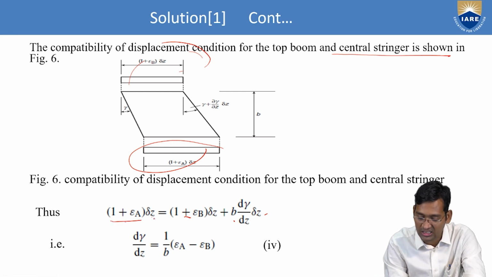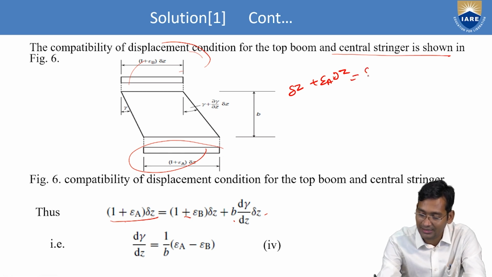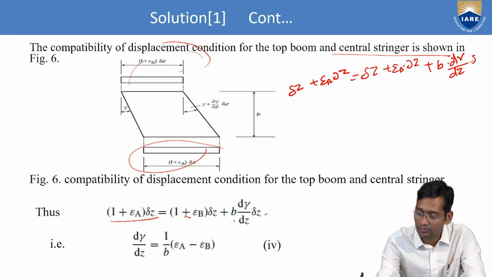First expand this. After multiplying, del Z plus epsilon A into del Z equals del Z plus epsilon B into del Z plus B into d gamma by dz into del Z.